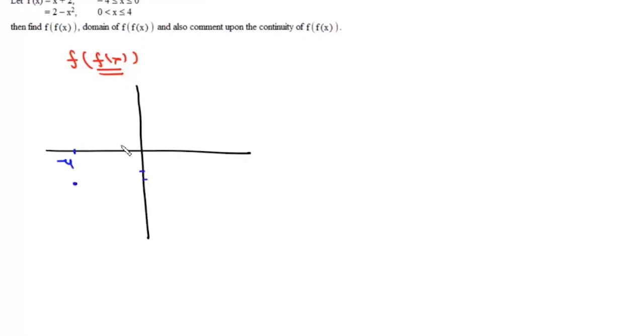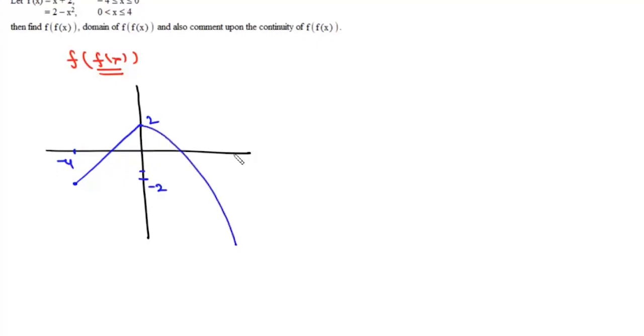And when x is 0, this value is plus 2. So this is minus 2 and this is plus 2. And here when x is 0, this is 2. And when x is 4, this is minus 14.